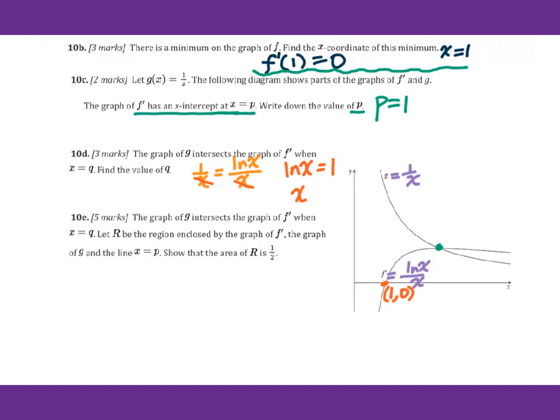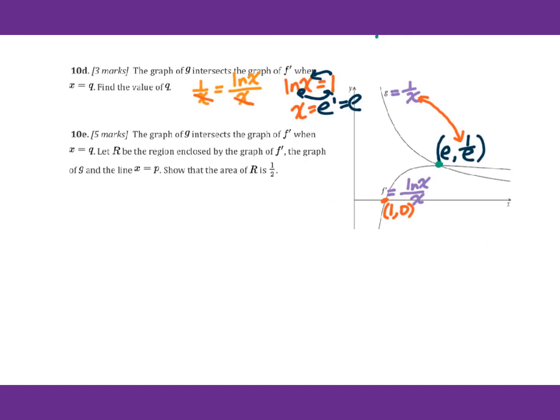Then x equals, the base is e, so e to the first power equals x, that means e. So here it will be (e, 1 over e), because you plug this x into this function, then you can get 1 over e.